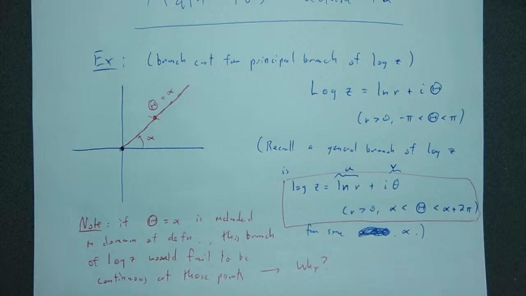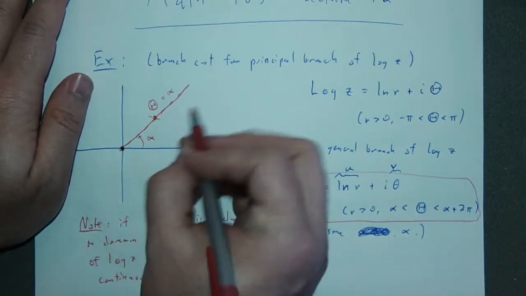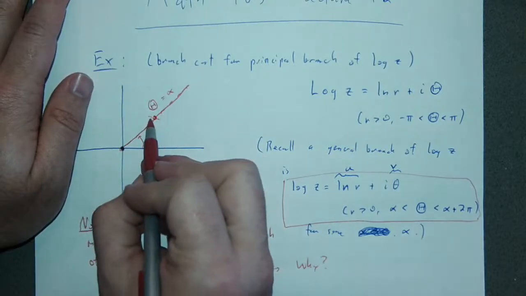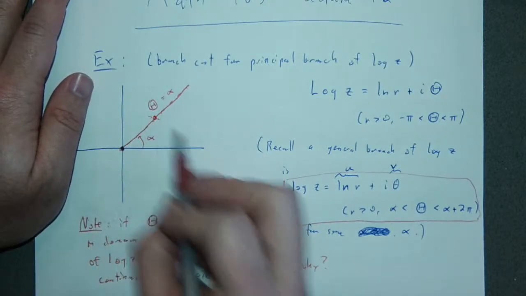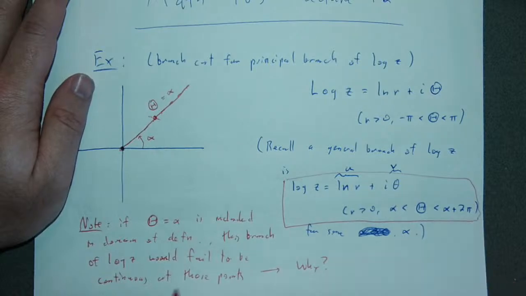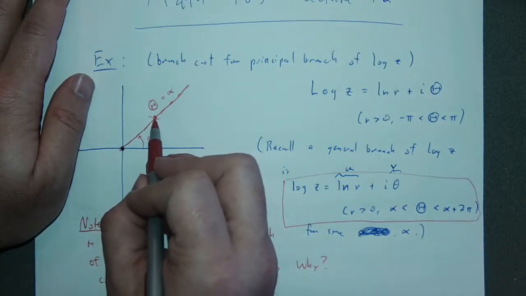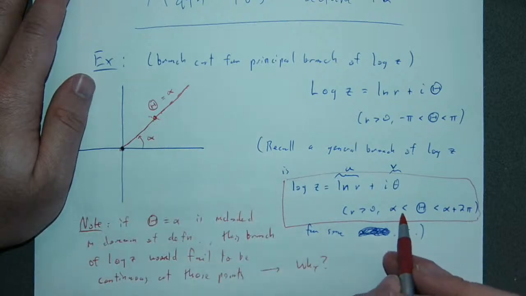The problem is that I'm wrapping around, right? And so as I'm getting close to this point from either side here, I would have values that are very close to alpha plus 2 pi, but also arbitrarily close here, I would have values very close to alpha.